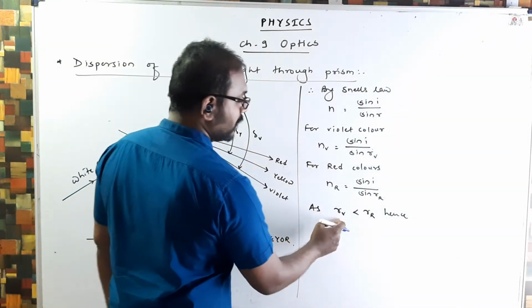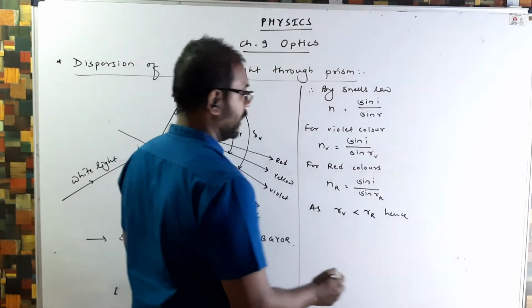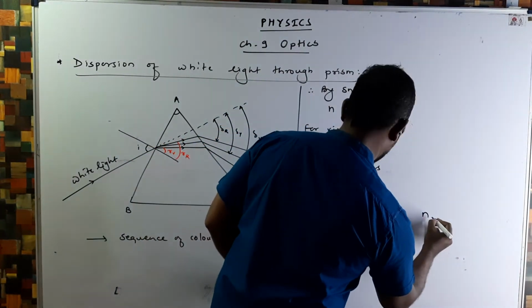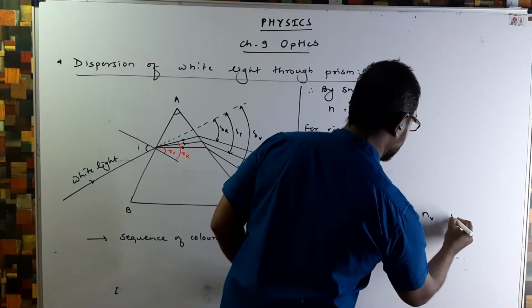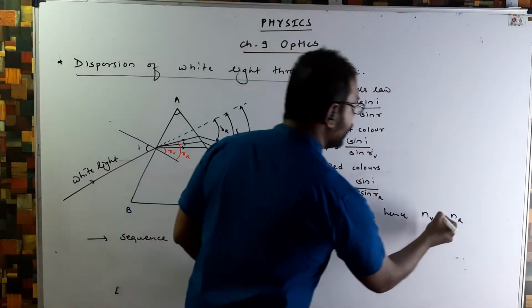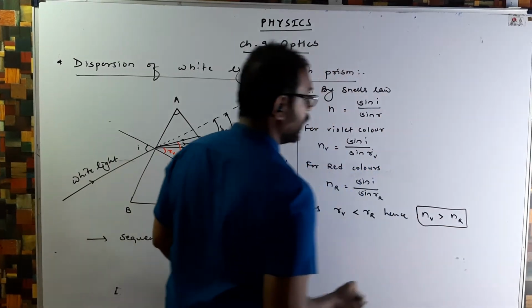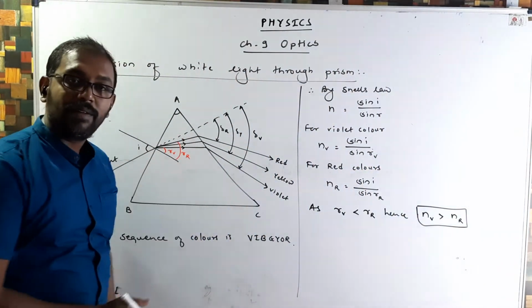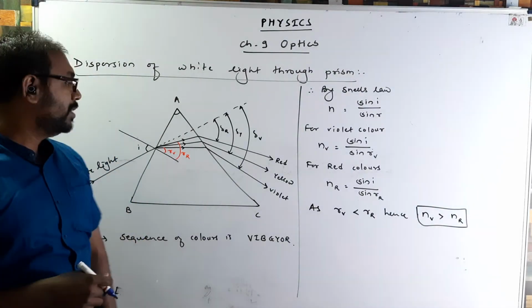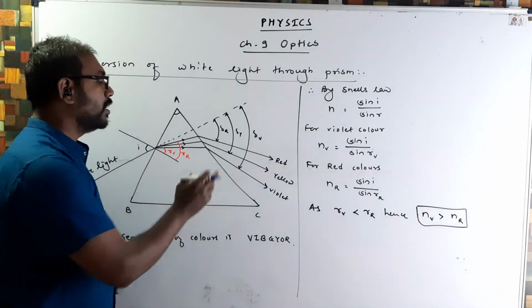So as this angle of refraction for violet is less than the angle of refraction for red, hence we can compare refractive index for violet and refractive index of red here. So refractive index of violet is greater than the refractive index of red. Means for the same material of the prism, refractive index varies from color to color.